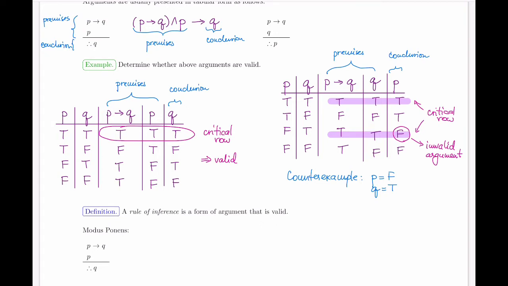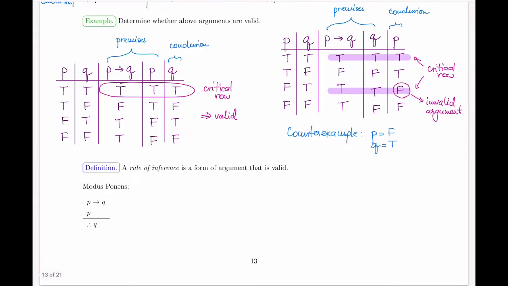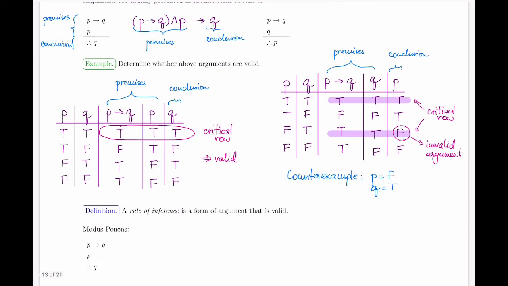There are a number of different rules of inference that we're going to see on the next page, but for example, this is one of them. This one is called modus ponens. These are Greek terms, sort of traditionally named, let's say, and this is exactly the form that we have just shown to be true here. This argument is valid, and so we can write it down as a form that we can refer to later.